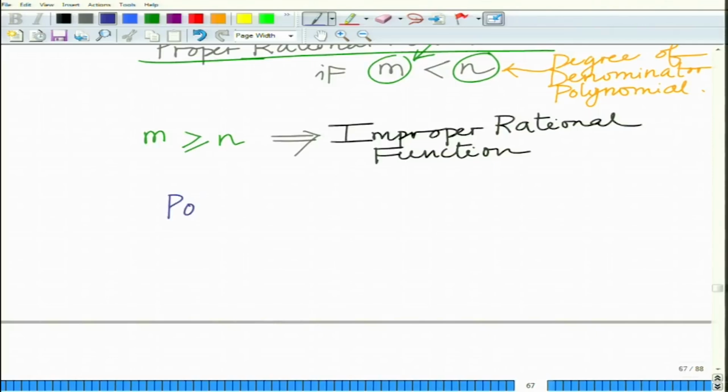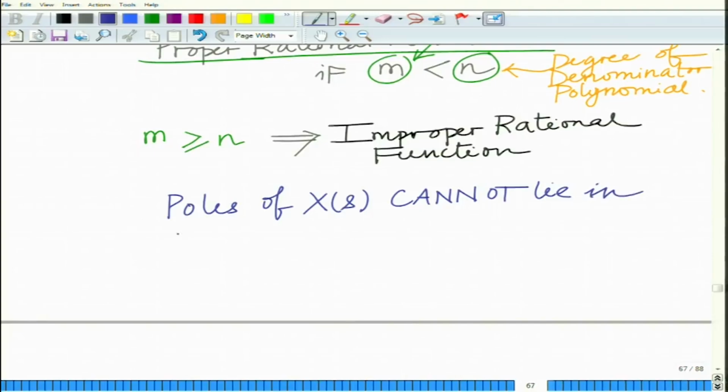the poles of the transfer function, cannot lie in the ROC, since X(s) is undefined at the poles, or since X(s) evaluates to infinity at the poles.